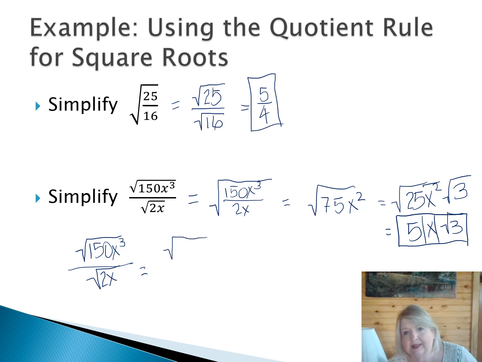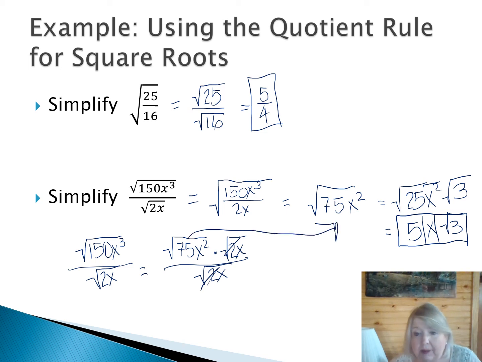So I do basically the same thing you do, and I think 150 divided by 2x, okay, 150x cubed divided by 2x, is 75x squared. And in my mind, that's kind of where I stop, but to show you my reasoning, I'll write it out. That's times square root of 2x, and that's square root of 2x. They cancel each other out, and from here out, we have identically the same problem.